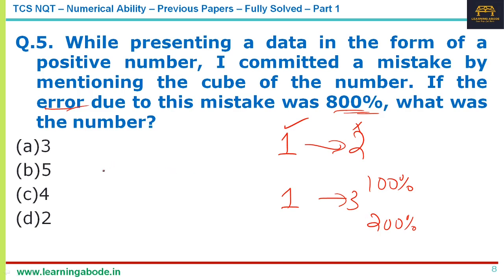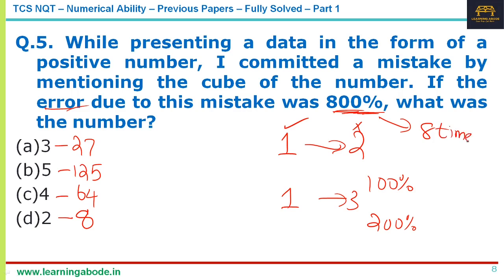So that we have to understand. And instead of going for equations, let's look at the answer choices. So you have 3 cube is 27, 5 cube is 125, 4 cube is 64, 2 cube is 8. Now when you say 800% error, the error should be 8 times.